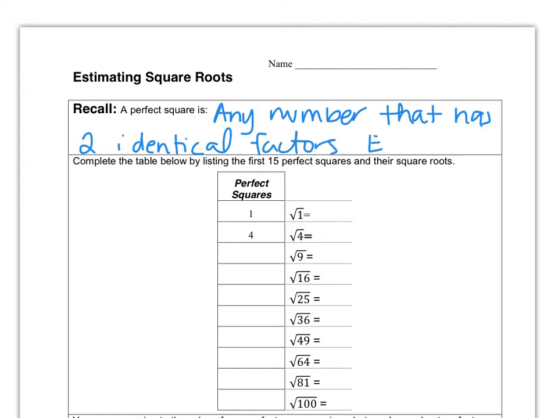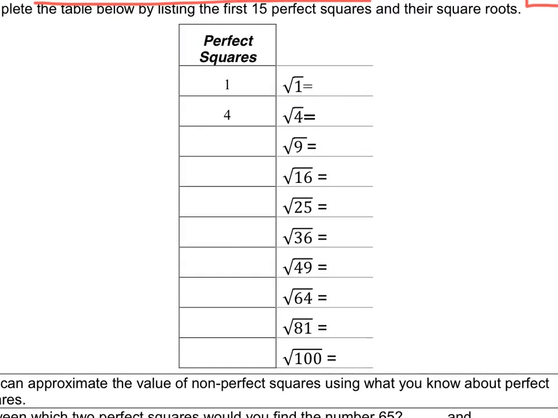So for example, 9 can equal 1 times 9, but 1 and 9 are not the same. So 9 is also equal to 3 times 3, and these two are identical factors. They're the same number. So here's our list of perfect squares, and this one goes up to the first 10 perfect squares.